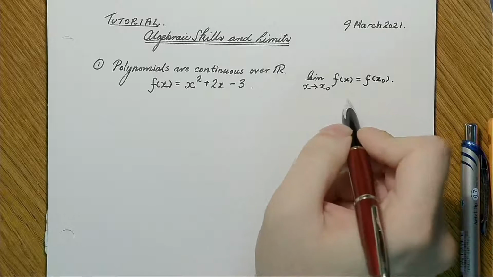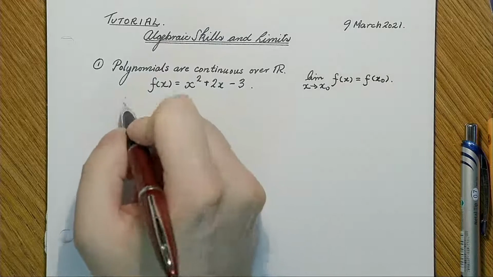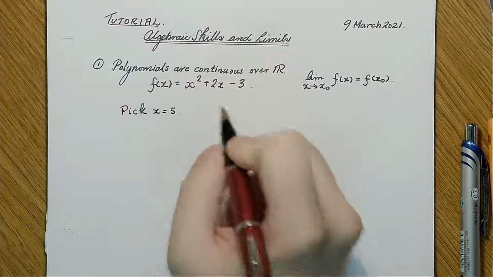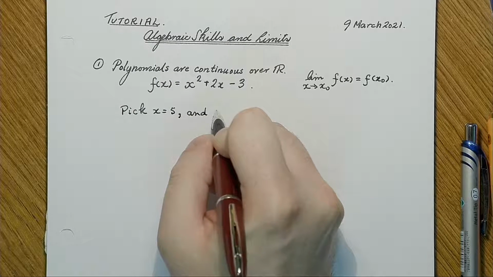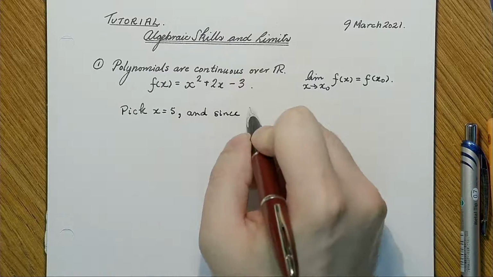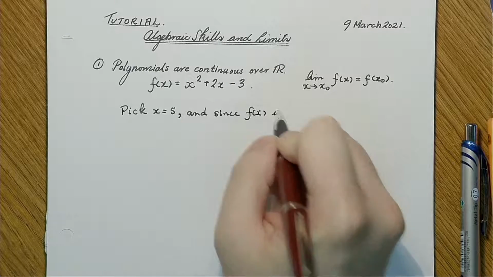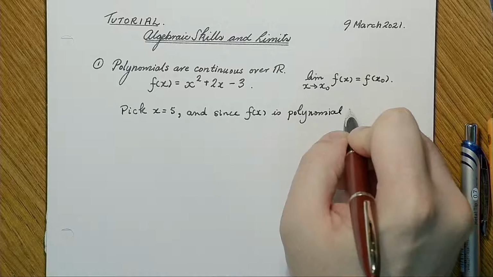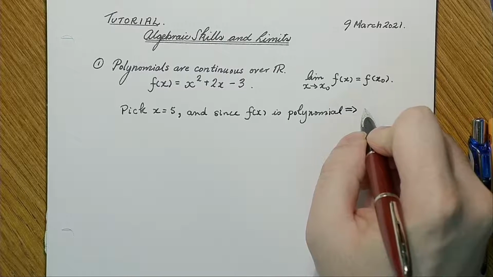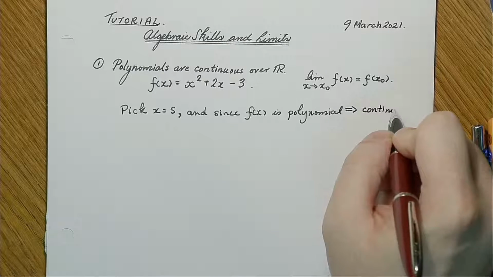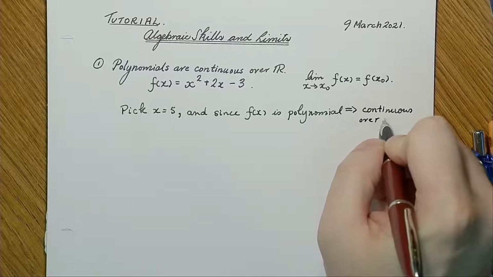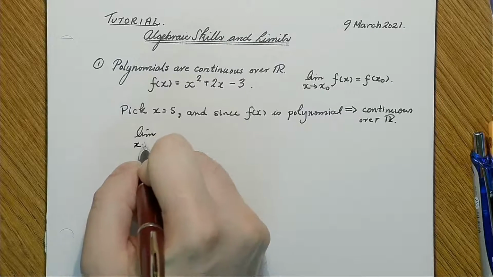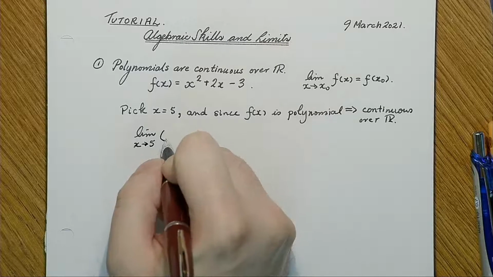So that means that if I pick, say, x equals 5, and since f of x is continuous, or it's polynomial, which means that it's continuous over all the reals, that actually means that I can use that definition.